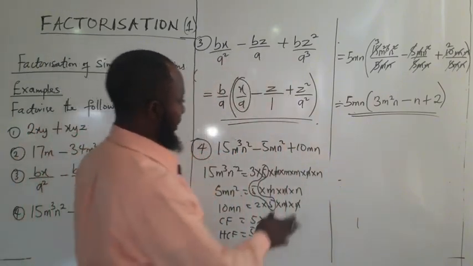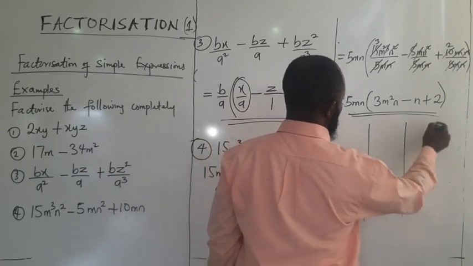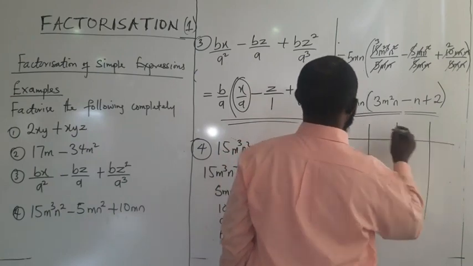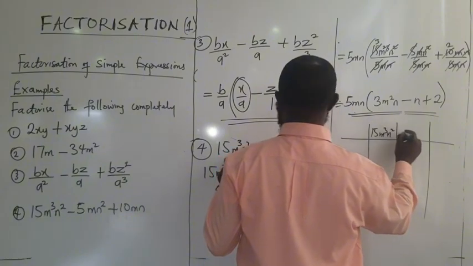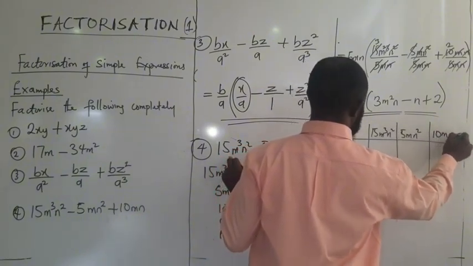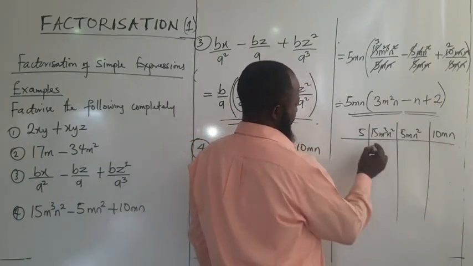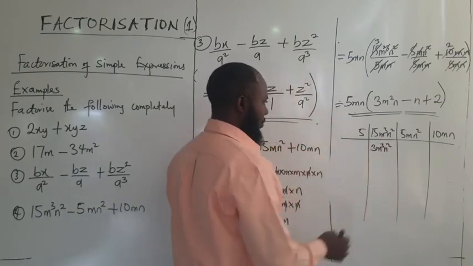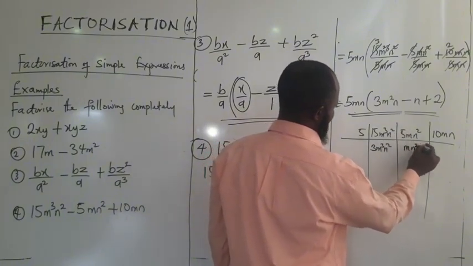And if we want to use the second method to confirm, you can have this. Let's have it. Okay, the first one is 15m cubed n squared, 5mn squared, then 10mn. So what can go is 5 in 15, 5 and 10. So this will be 3m cubed n squared. 5 divided by 5, that is 1, that is mn squared.